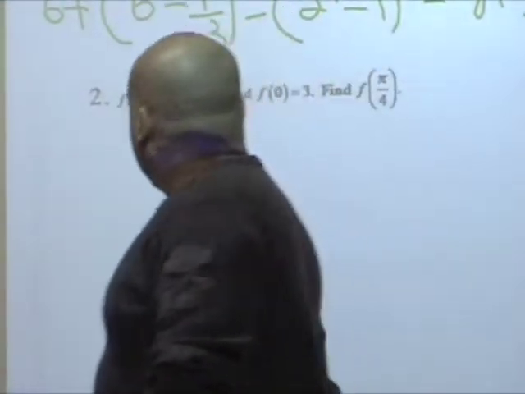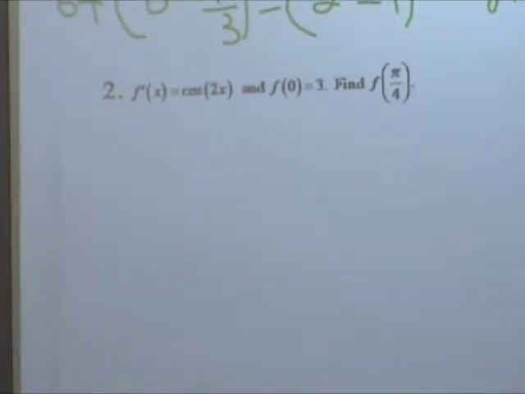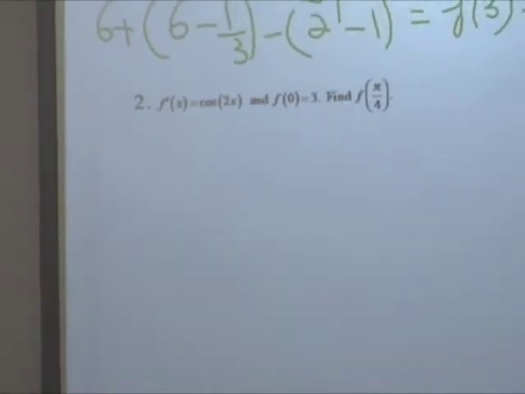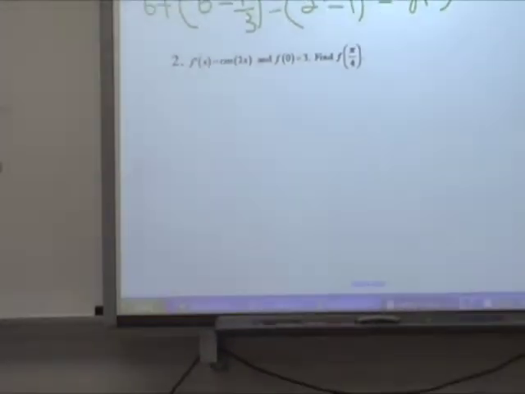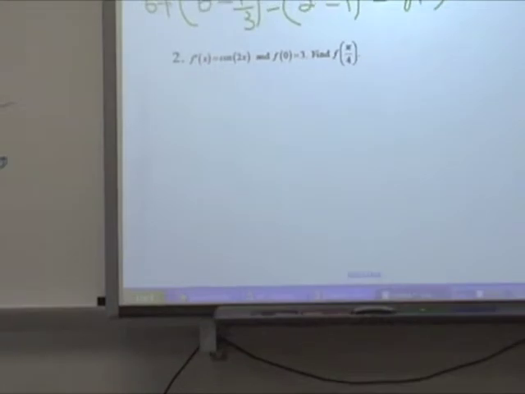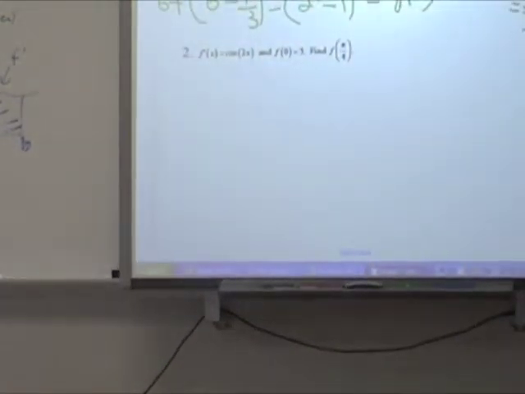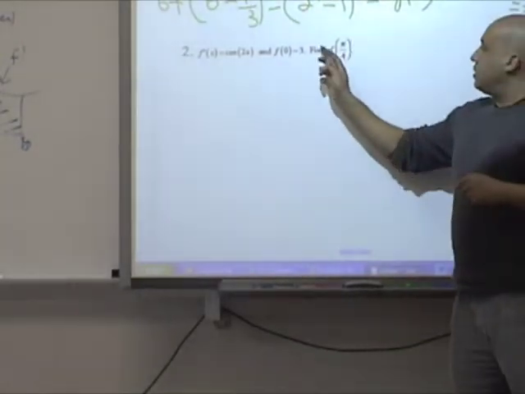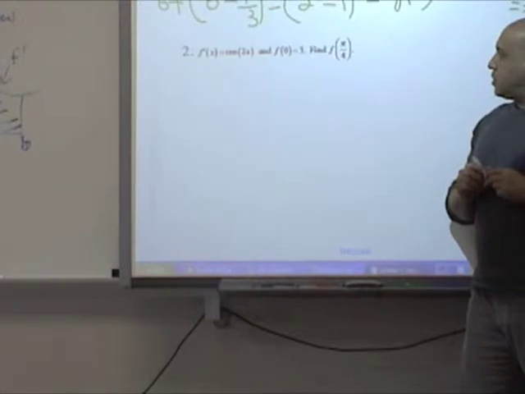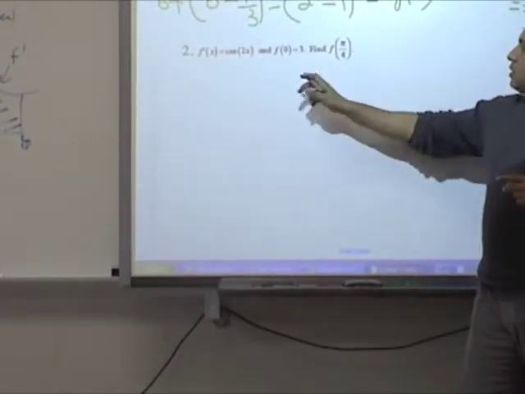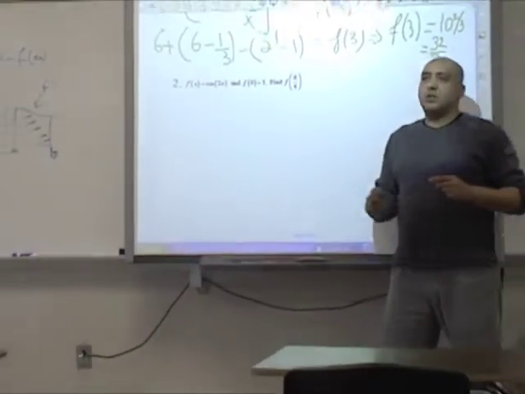Example number 2, again, given is f prime of x equals cosine of 2x, and f of 0 equals 3, we're asked to find f of pi over 4. Now remember, this is a classic fundamental theorem of calculus problem. Why? Because I'm asked to find the final position moving the function from 0 to pi over 4, given the initial position and given the derivative.